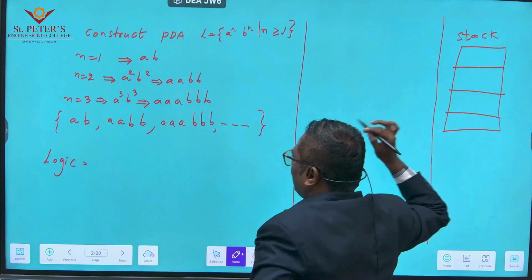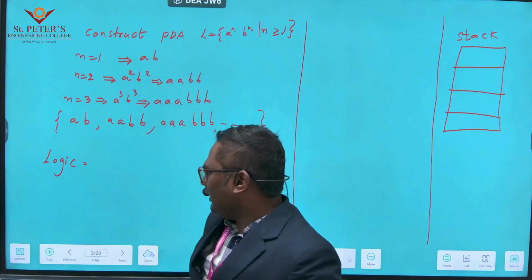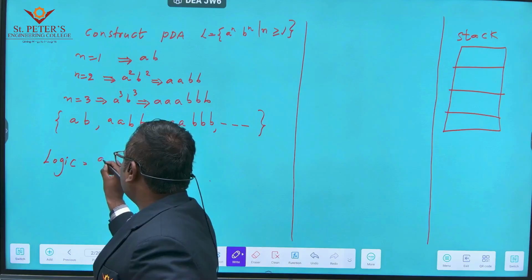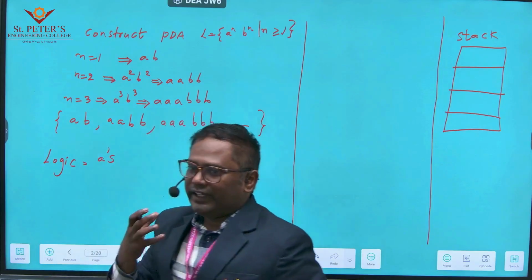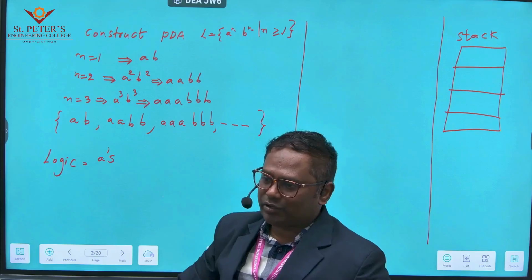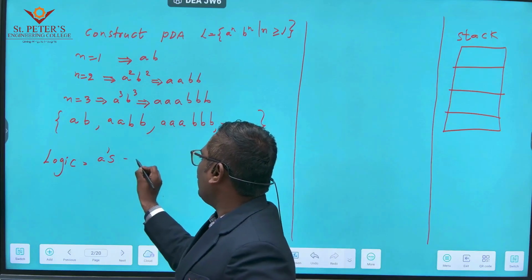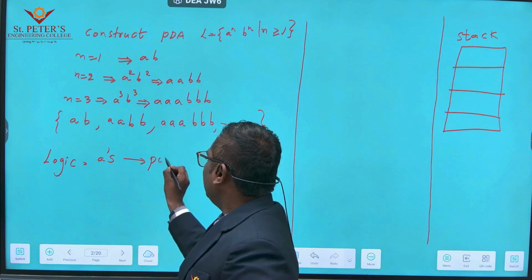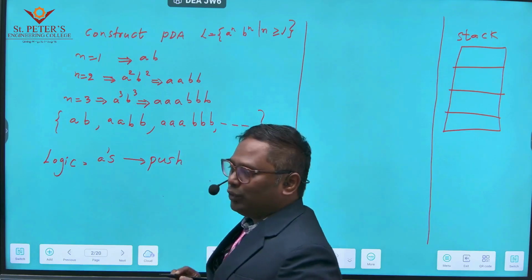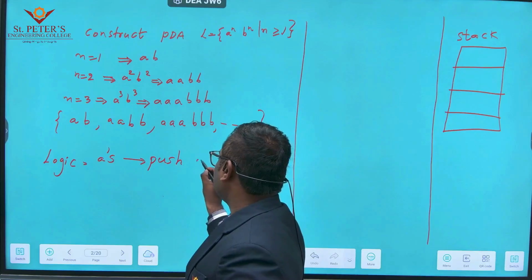So the logic I am going to employ is that when A's are encountered while reading the string, I'll push that information onto the stack.